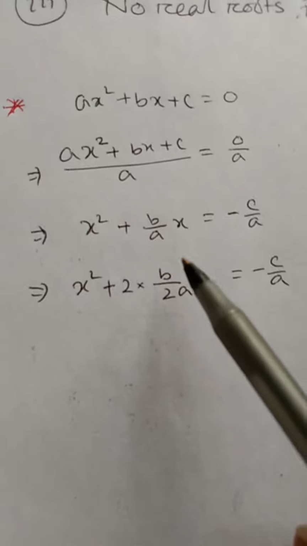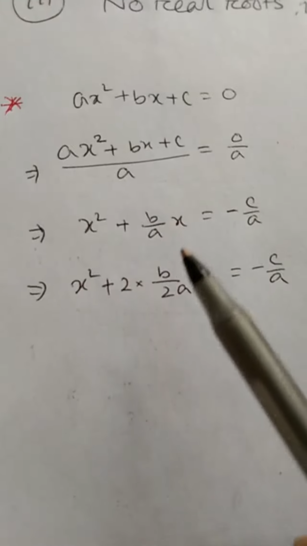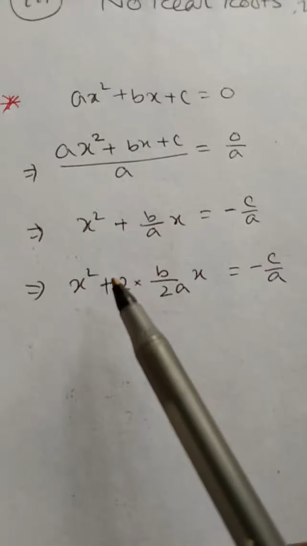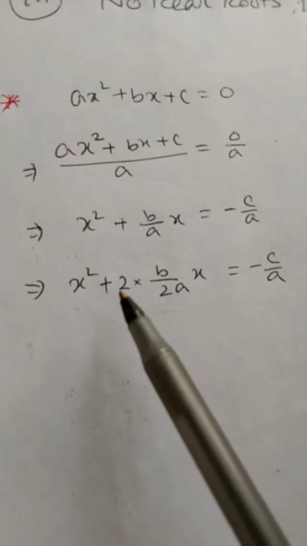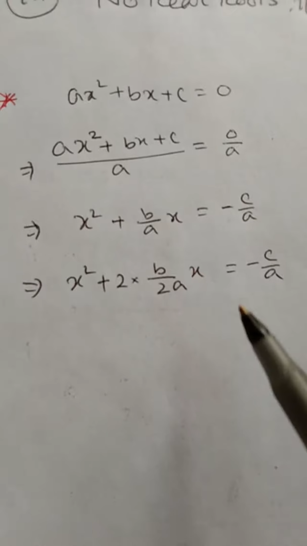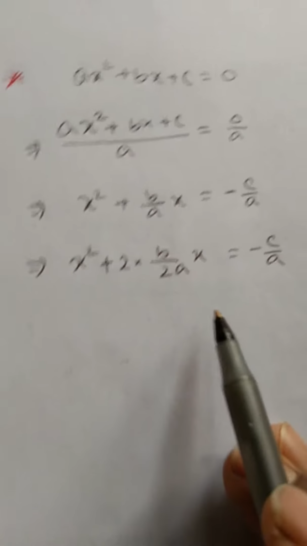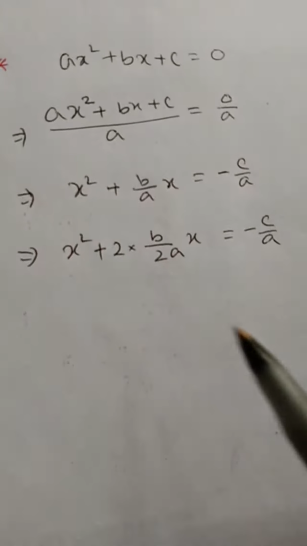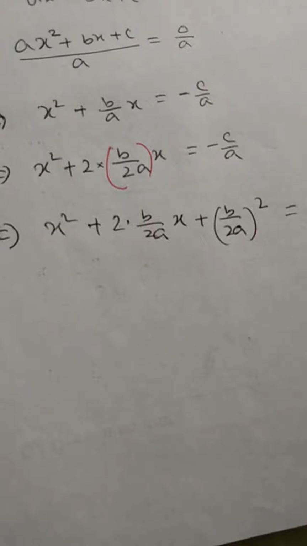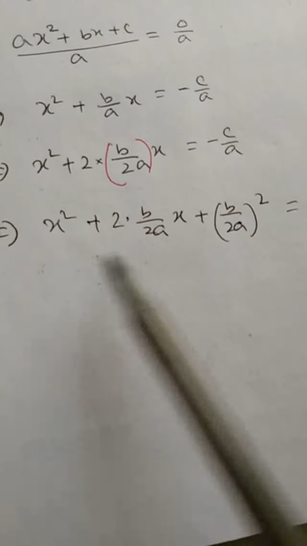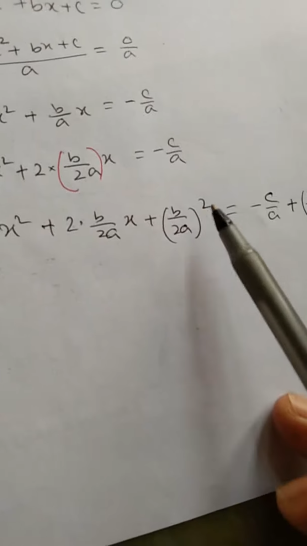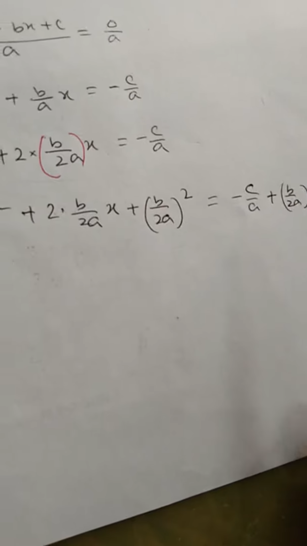Now, along with x we have b by a, so we write it as 2 into b by 2a into x. Now in the next step we add b by 2a whole square to both sides. So we have added it on the left side and the right side also.